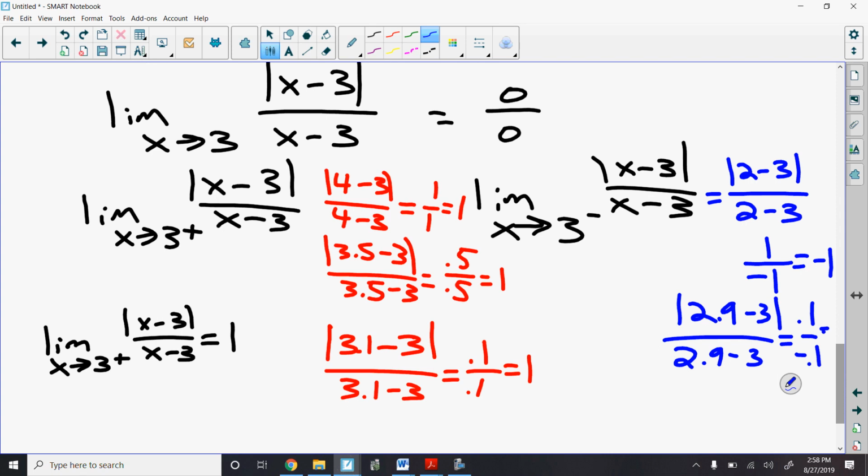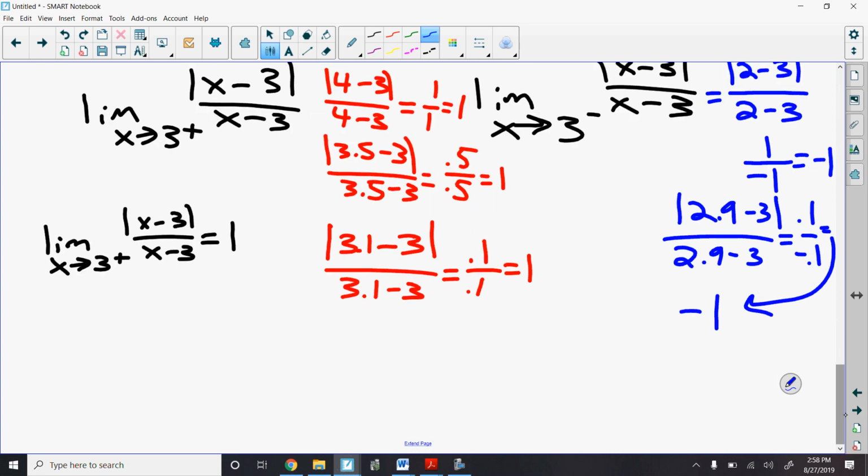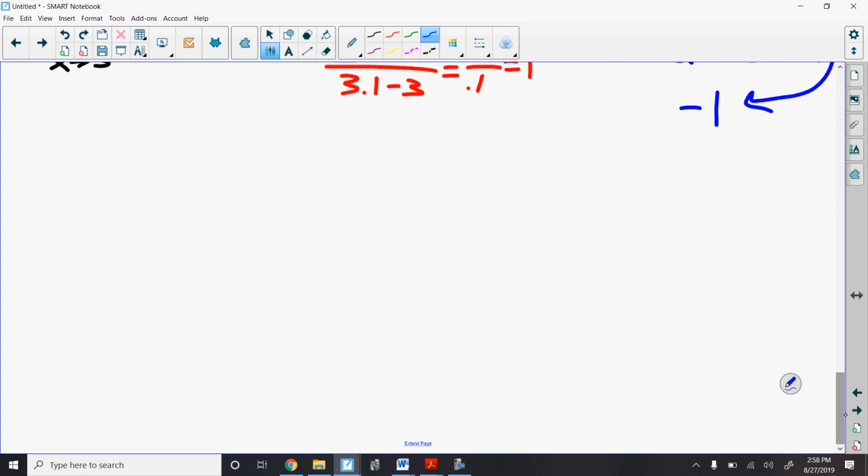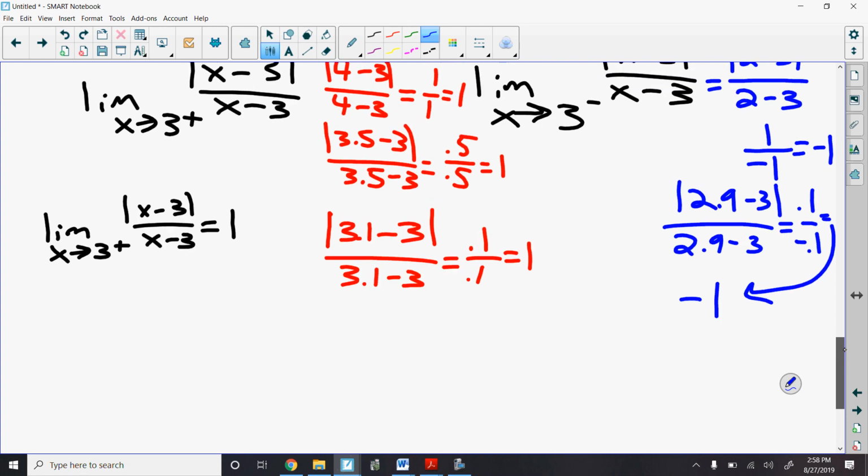Which again gives me a value of negative 1. So what I'm getting here is that my left-hand limit is equal to negative 1.